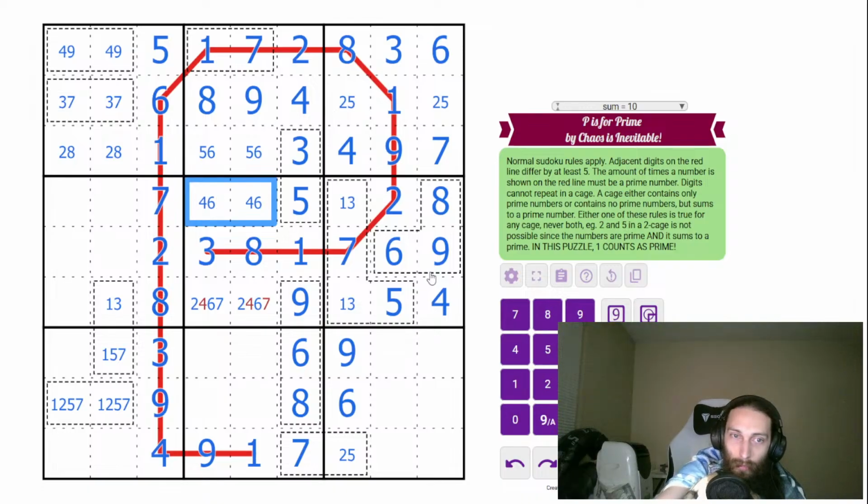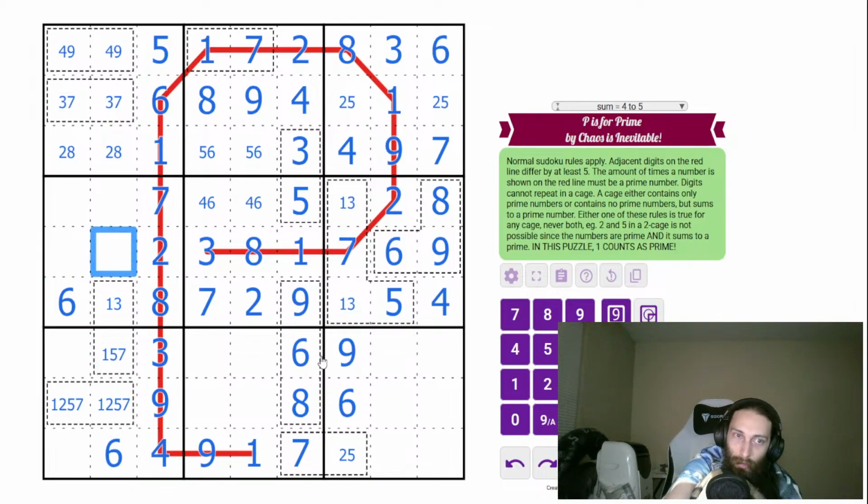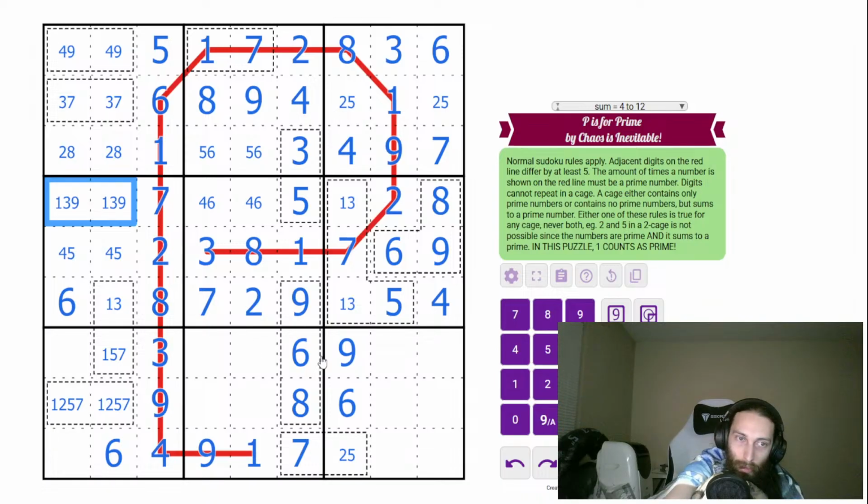Apparently these aren't 2 or 7. These 2 can't be 4 or 6. 2 and 7. So 1, 2, 3, 6. One place for 6 here. 4 and 5. 1, 3, 9.